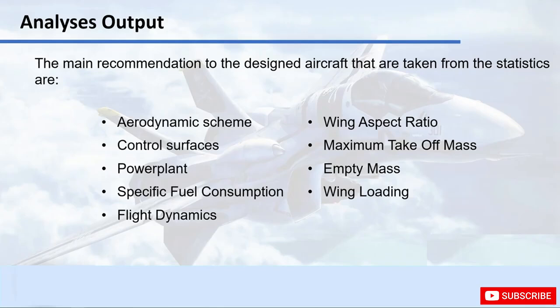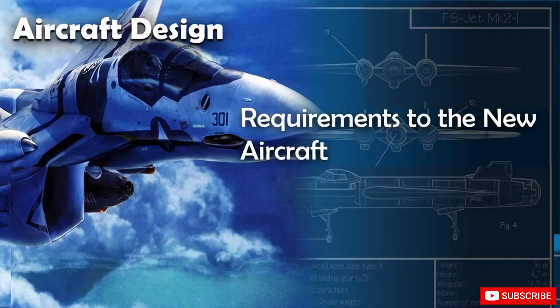So for all these components we're going to take some average value and think about how we can use this statistical information to approximate our values. This said, we just need to define the requirements taken from the data we already have and see what these requirements actually are for our specific case of the aircraft, but about this I will talk in the next video.